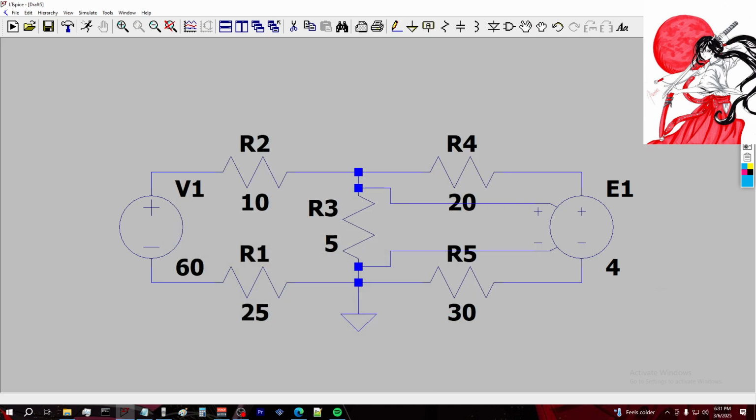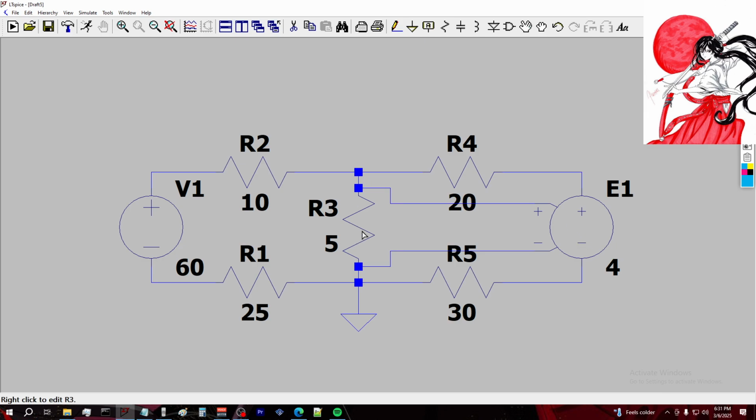What's happening? So today I want to talk about dependent voltage sources. As you can see here, you have a voltage source, but we also have an extra wire protruding out of it. All that means is that whatever the voltage on this wire, or the voltage difference across this resistor, is going to be multiplied by 4 to create the voltage here.